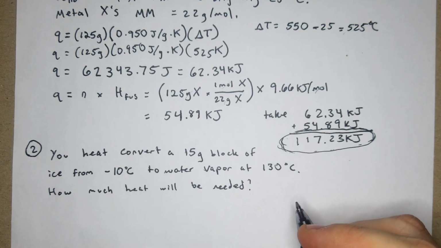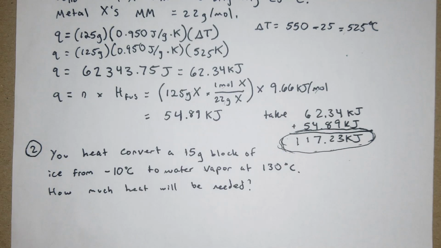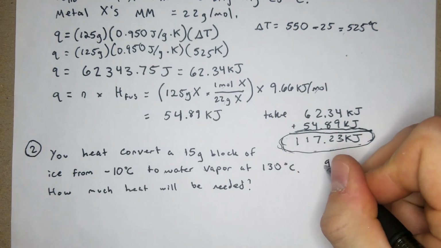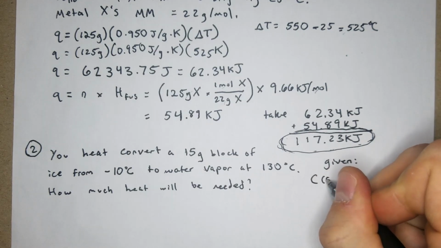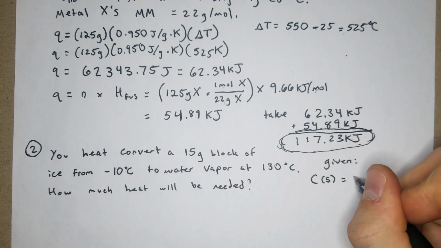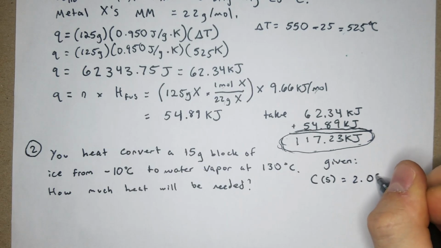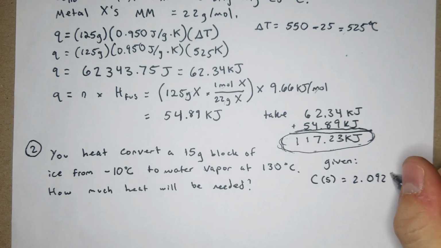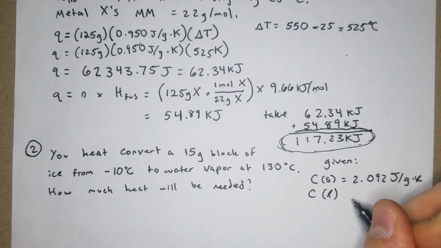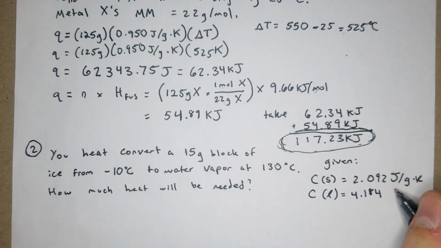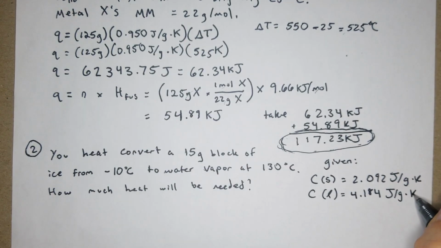So we'll see, what are our givens here? Specific heat of ice: 2.092 joules per gram times Kelvin. I think these are actually the real values. 4.184 joules per gram times Kelvin for water.